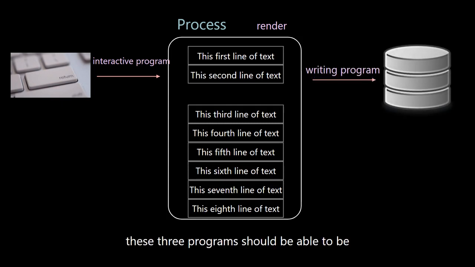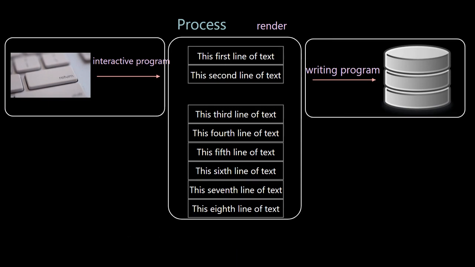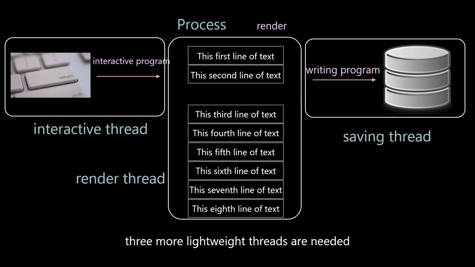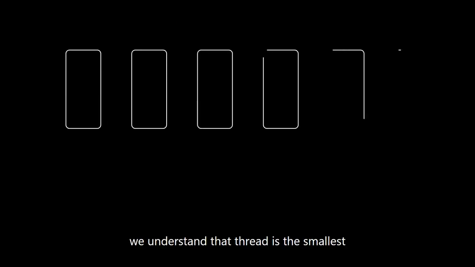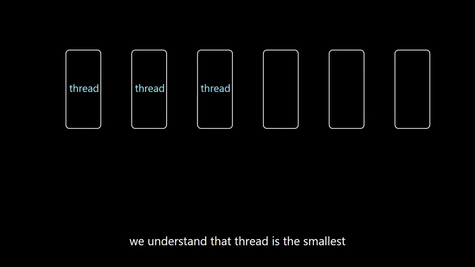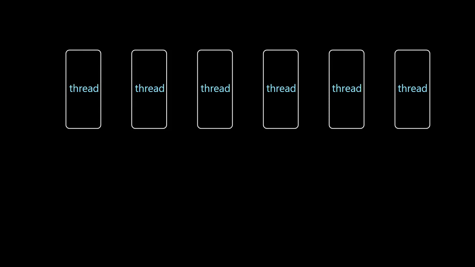Therefore, these three programs should be able to execute in parallel. But they need to access and modify the same document, so they must be in the same process. Therefore, three more lightweight threads are needed at this time. Now we understand that a thread is the smallest unit of parallelism.